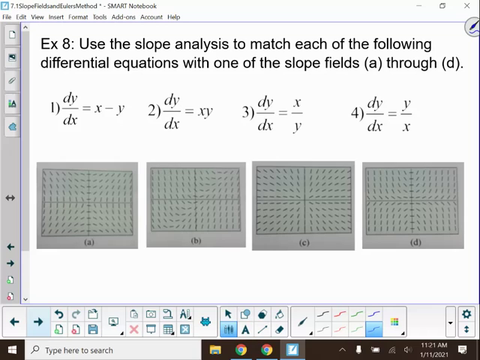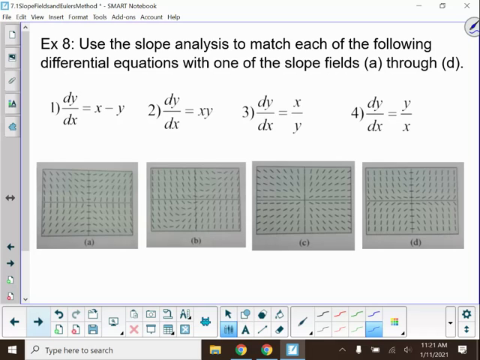This is another question I'm going to skip because, although we could talk about this a little bit and match them up, this would be something where it would be useful to use your graphing calculator to kind of match these up. But you can go through and see a couple things about them. For example, graphs A and D along the 0, x line, they both have slopes of 0.